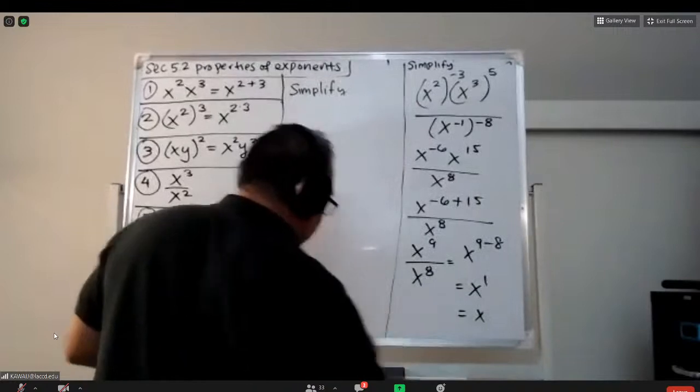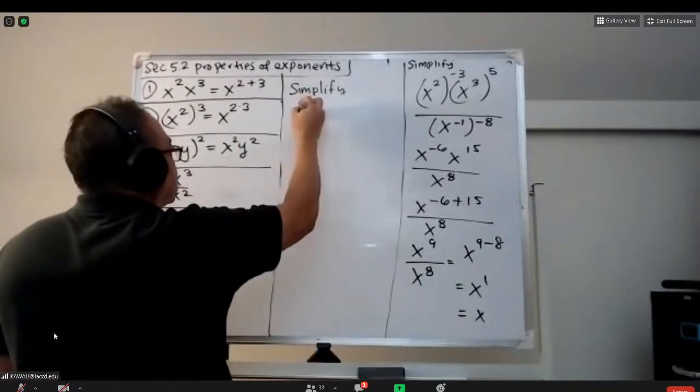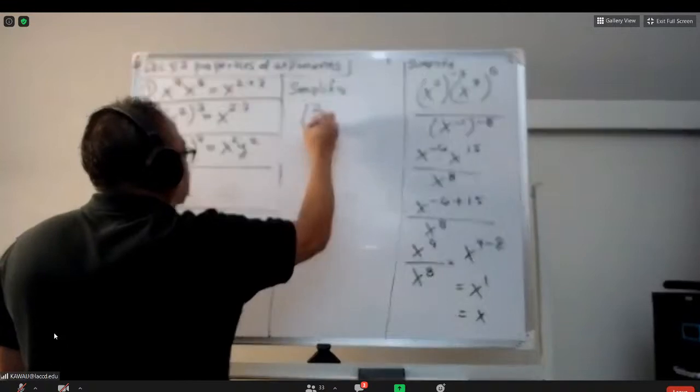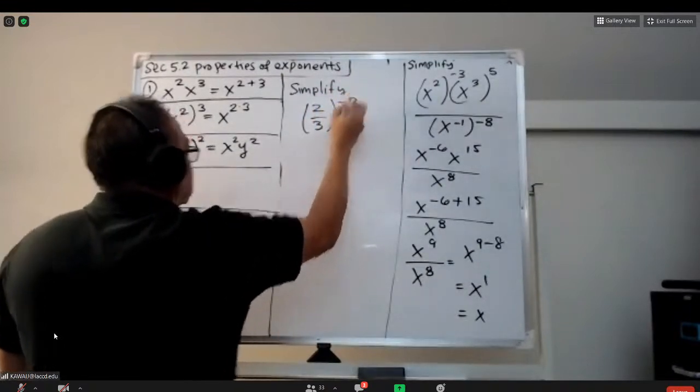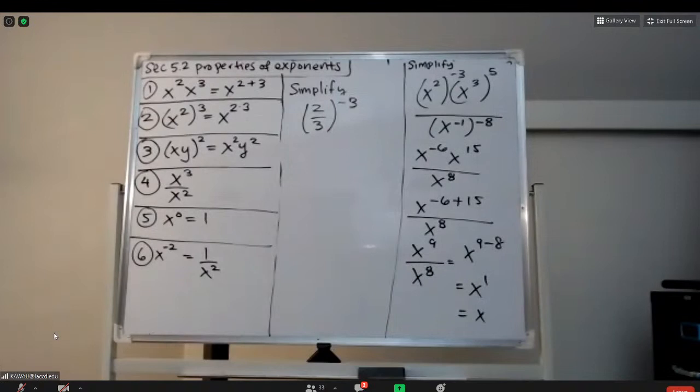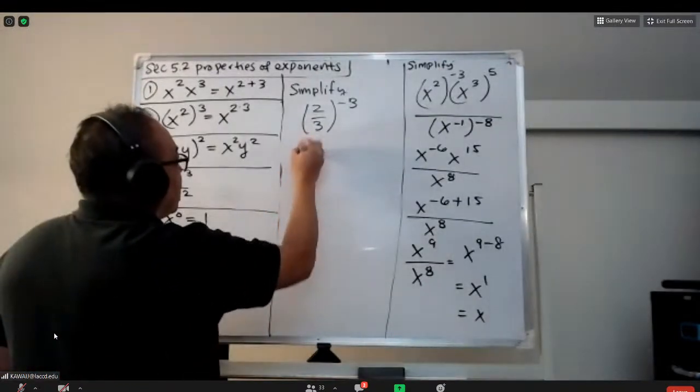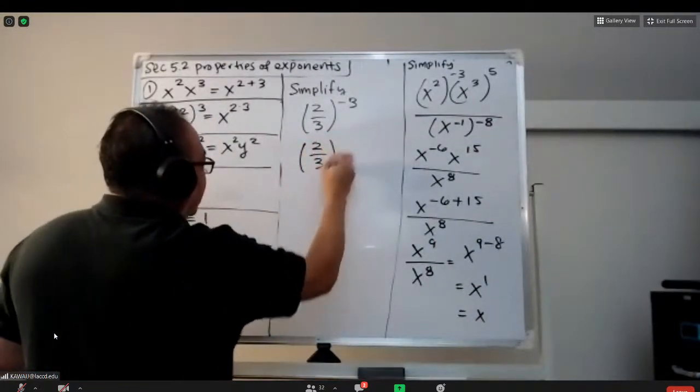Okay, so let's figure out how to do fractions. Now, even though it's not here, the 2 and the 3 have an exponent.